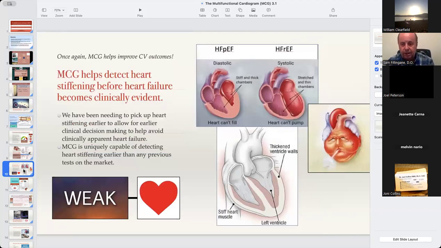This machine will pick up a weakening heart 6 to 8 years before they develop clinically obvious heart failure. So with 6 to 8 years of advance warning, you can't help but do better at causing a lessening of disease.